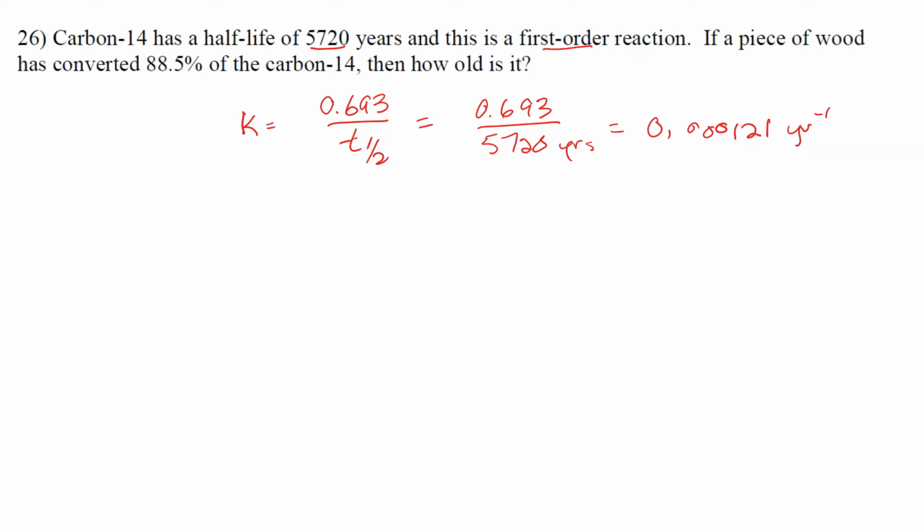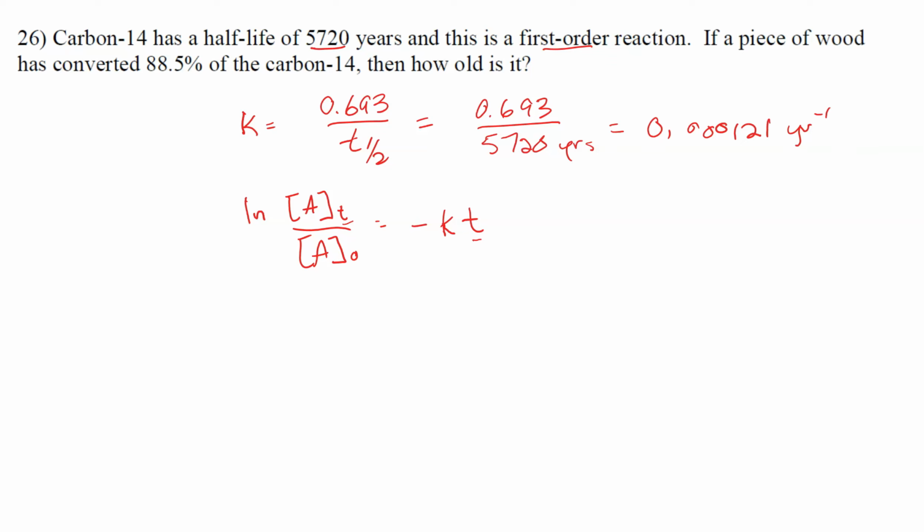The equation which best fits that is the natural log of the concentration of whatever we're interested in at time t over the concentration of that molecule initially, which is A naught, equals minus K times time, in whatever unit we're working with, in this case years.